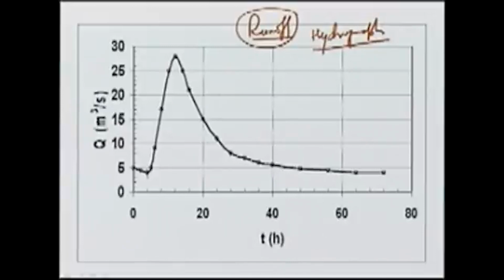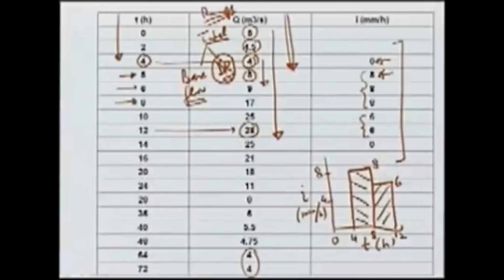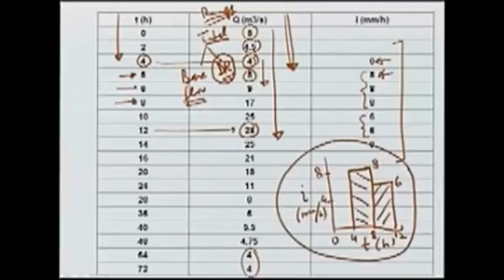Now, our aim is to derive the direct runoff hydrograph, which means that we have to somehow separate the base flow component, and we also have to find out the effective rain. So, this hydrograph which we have shown here, this is the total rainfall. Part of it will go as infiltration or evaporation.